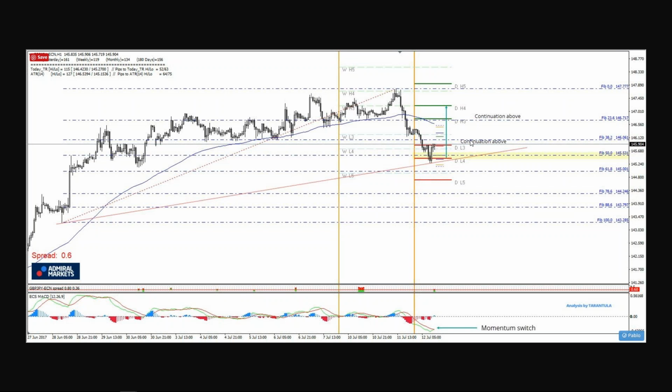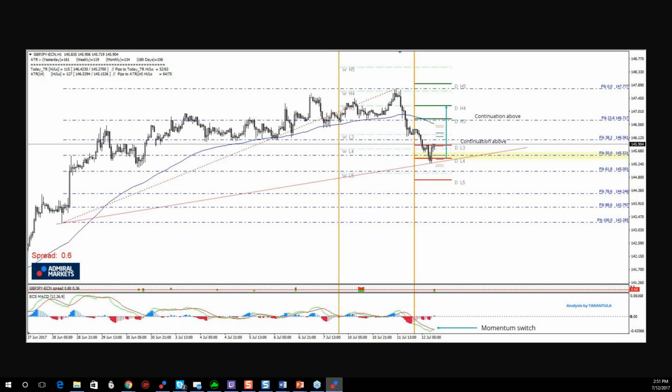If you know how to read between the lines, you know that this was a continuation trade towards 146.06, and then it stopped somewhere here before Yellen started to speak. When Yellen started to speak, we had a little price drop, but I expect the price to be bought on dips again on pound yen. So, that is what we have at this point.